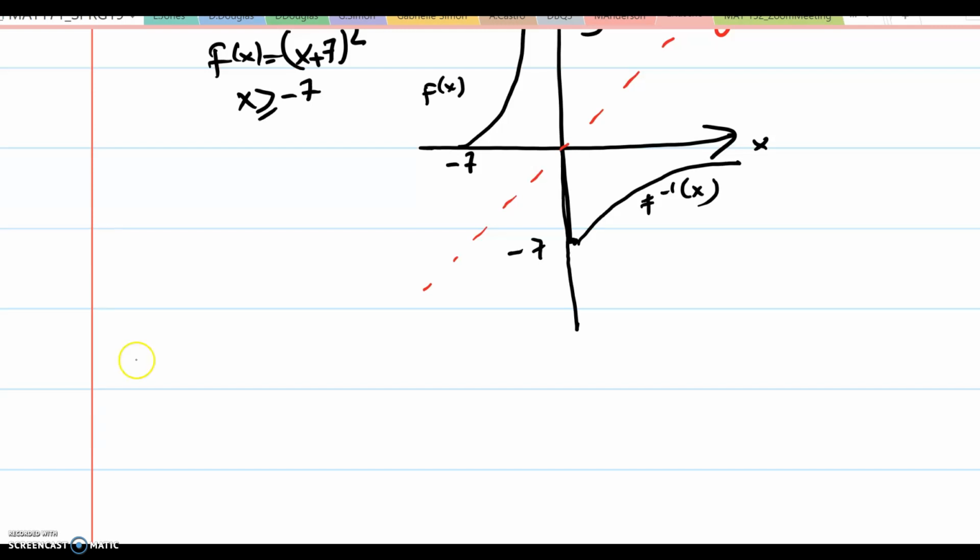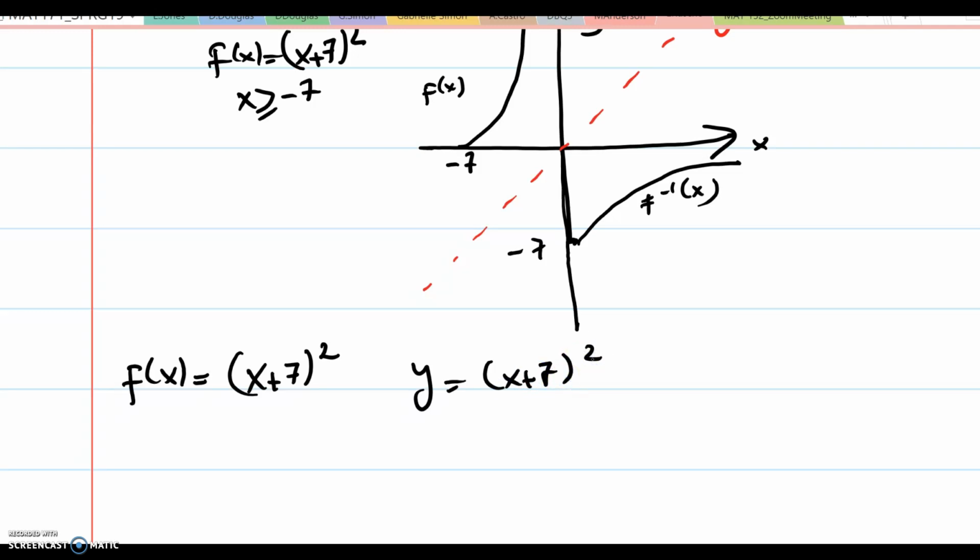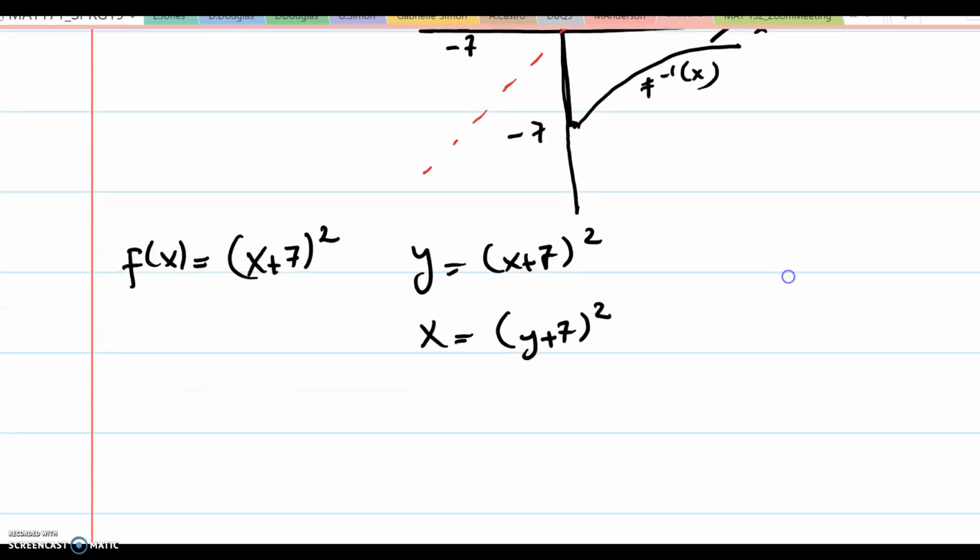All right, so then f of x will have y equals (x plus 7) squared. Switch the x and y, right? And then we would like to solve for y at this point, right?